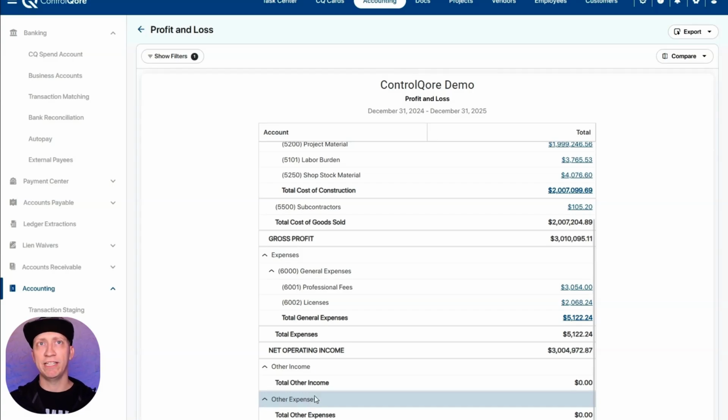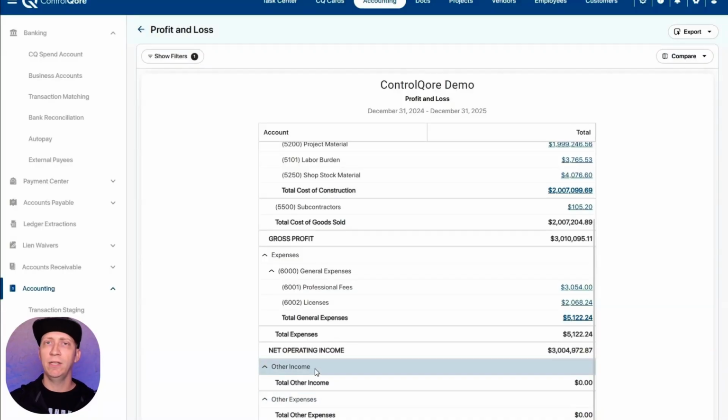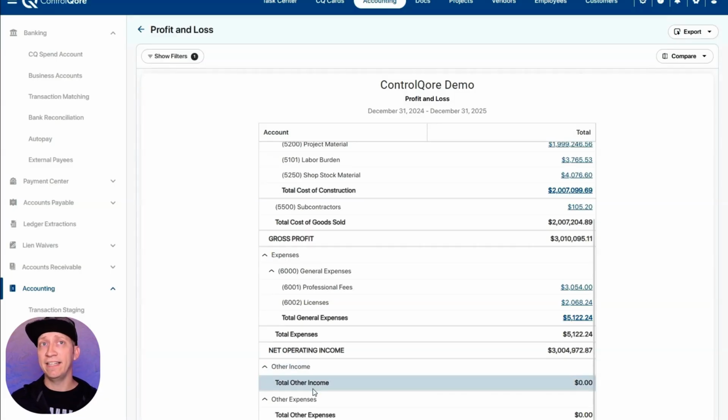If things get put down here, it's because your business is doing a little bit more than just construction, right? This other income, it could be you have an account at the bank that accrues interest. And that income could be a couple $100 over the year just because you've gotten money there.